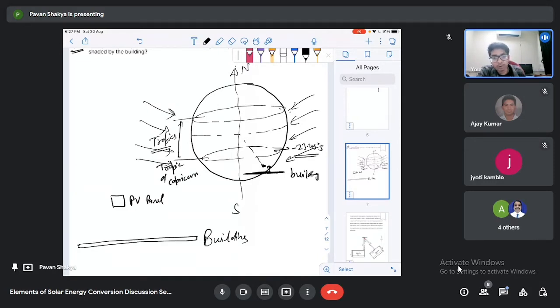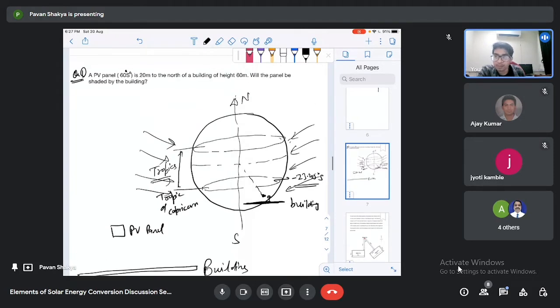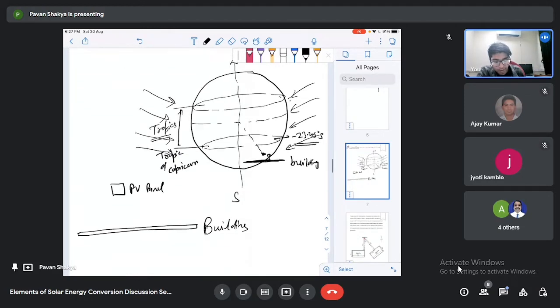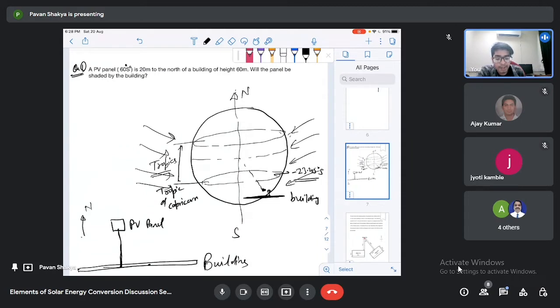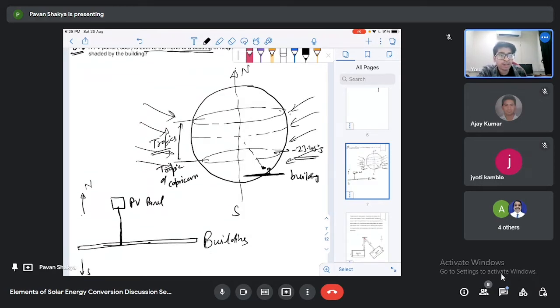I am just saying the opposite of what the problem says. The problem says the PV panel is north of the building; I am saying the building is towards the south of the panel. So in this figure, this is the building, this one is our north direction, and this one is our south direction. Then this figure is correct, as the question says the PV panel is north of a building. Ajay, is it clear now?